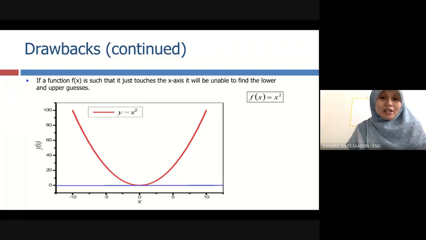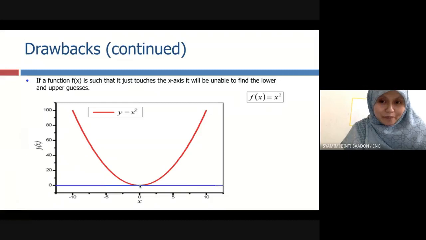If a function f(x) just touches the x-axis, it will be unable to find the lower and upper guess. For example, f(x) is x squared. The graph of x squared touches 0 only at this one point, where f(x) equals 0.